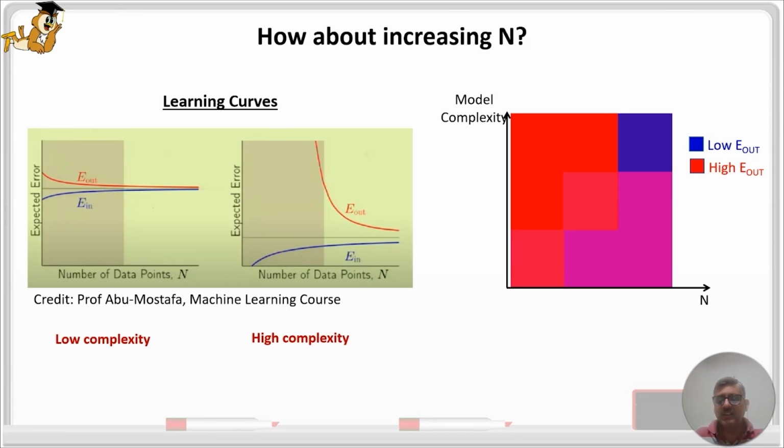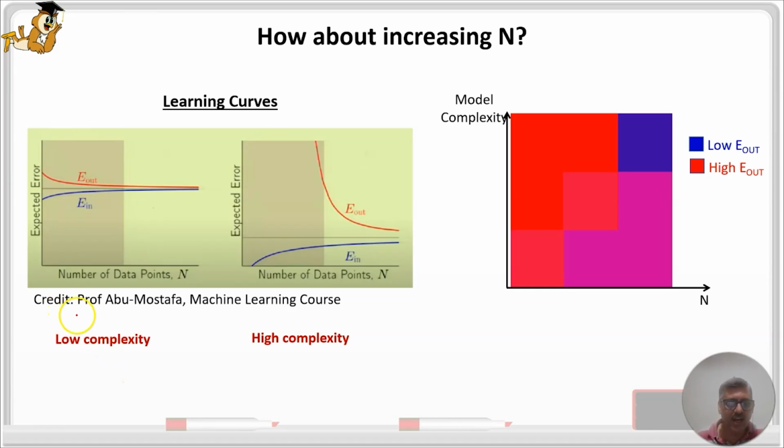How about increasing n? Now, we put a disclaimer right in the beginning that you're essentially dealing with insufficient n. You cannot have access to unlimited training data. And that was the premise based on which we studied the earlier several slides. If you are to plot the error against n, let us see what happens.